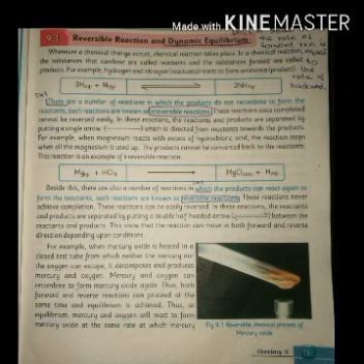Dear students, whenever a chemical change occurs, a chemical reaction takes place. In a chemical reaction, the substances that are exposed to react are called reactants, and the substances which are formed as a result are called products.